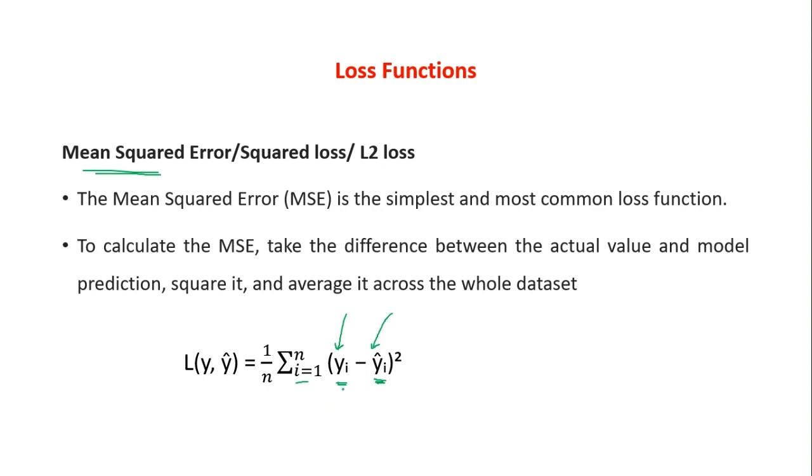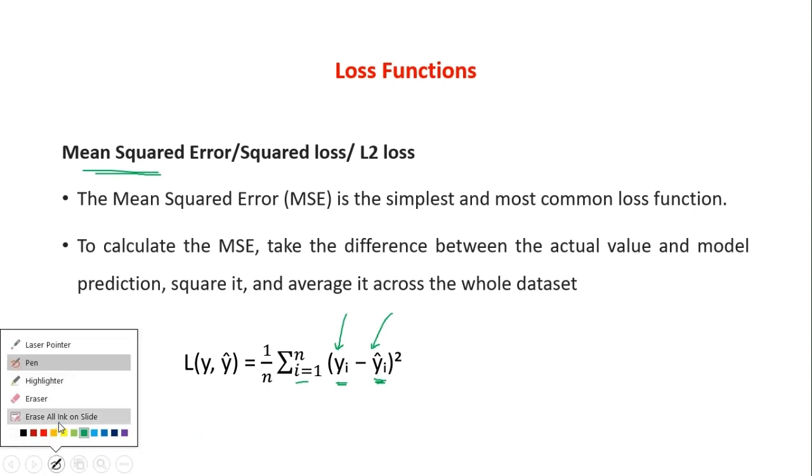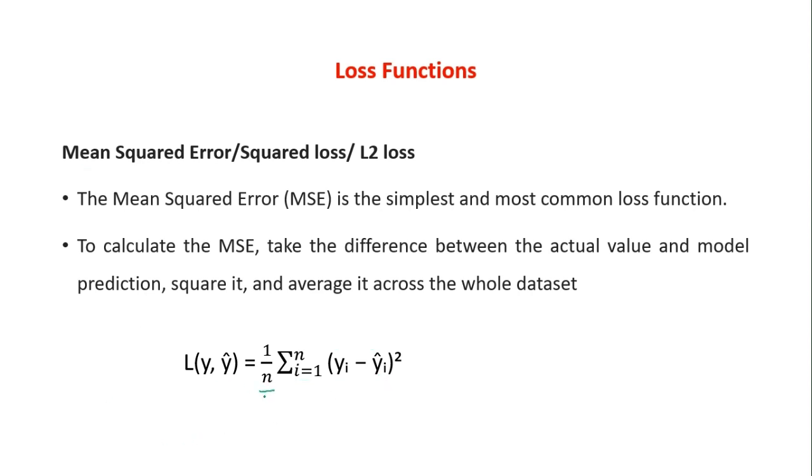We are taking 1 by n, that is why it is mean. We are finding out the mean, and we are taking the squared error. That is the meaning of mean square error.